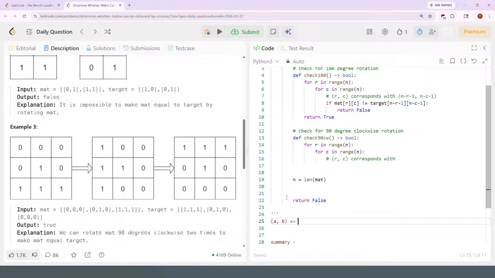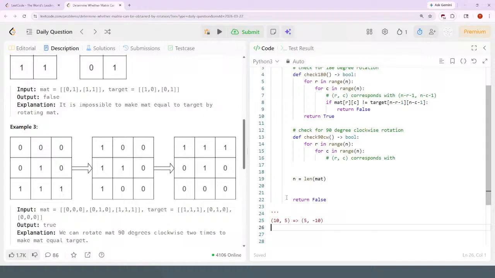if I imagine a is, let's just use numbers here. Say 10, 5, that's in the first quadrant. That should become, rotated clockwise, positive 5, negative 10. 10, 5: over 10, up 5; over 5, down 10.